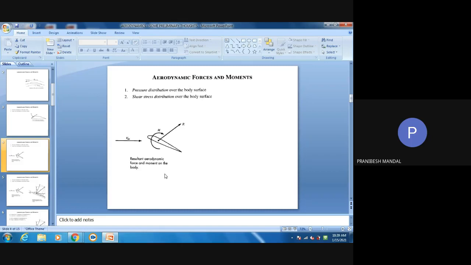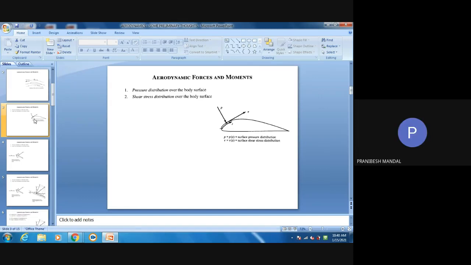Every other thing you will get. I may assure you, I haven't done many things with the slides. The slides are actually taken from the book of aerodynamics only, that is already shared to you. Anderson book, absolutely. So you need not worry.